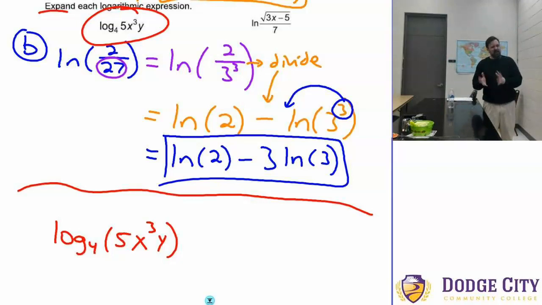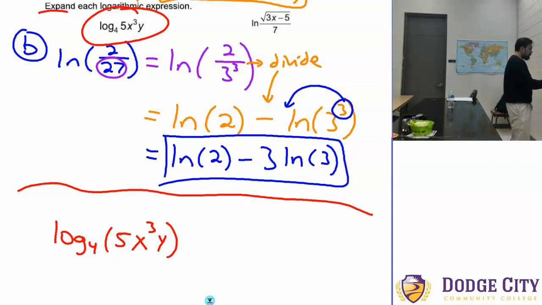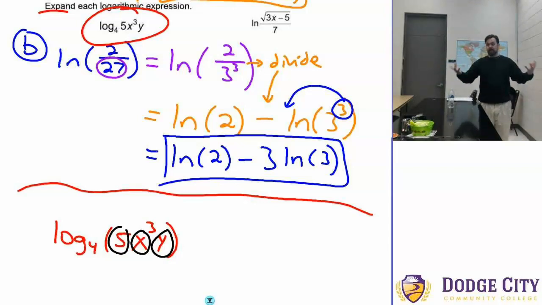Right? So technically, if we're applying the rule literally, we would have to do 2 things at a time, but we can just skip to the punchline, and say everything gets split up into separate logarithms. That includes the numbers, right? So we have 5, we have x, we have y, all of those get separated into separate logarithms.